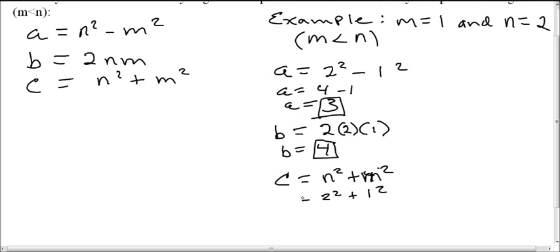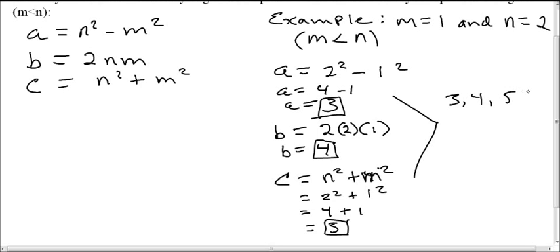That's going to give us 4 plus 1, which indeed equals 5. So guess what? As I look at my answers using this formula, we have the triple of 3, 4, and 5.